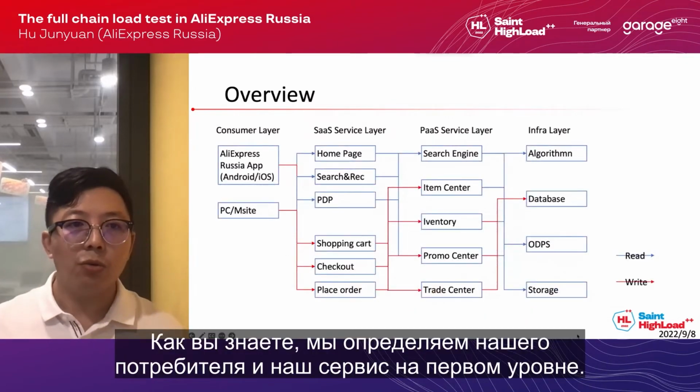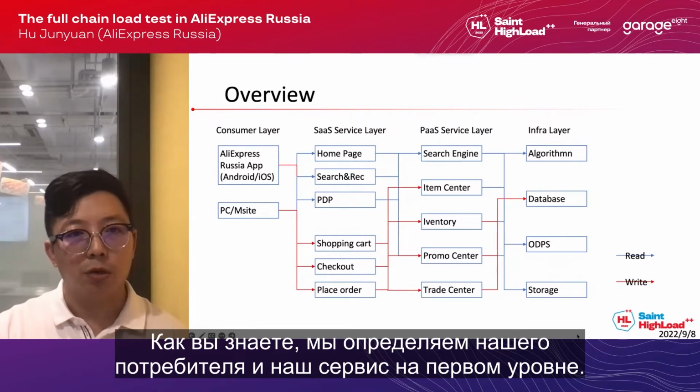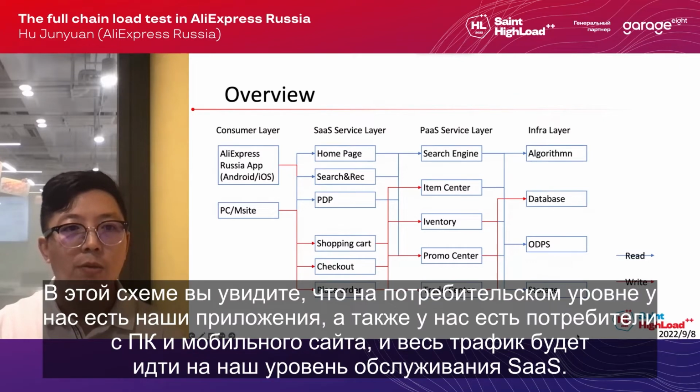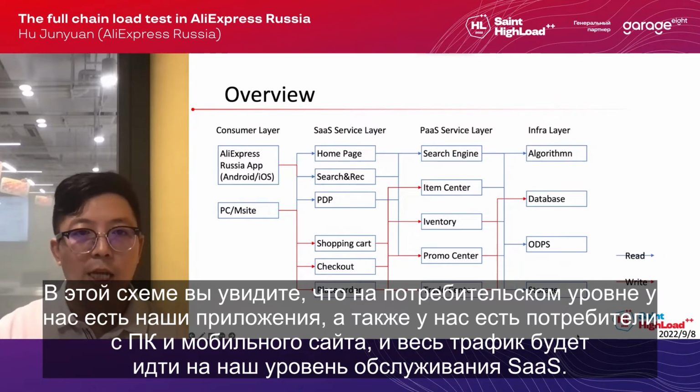As you know, we define our consumer and our service in four layers. In this graph, in the consumer layer we have our apps, and also consumers from the PC and the M side. All the traffic goes to our SaaS service layer.